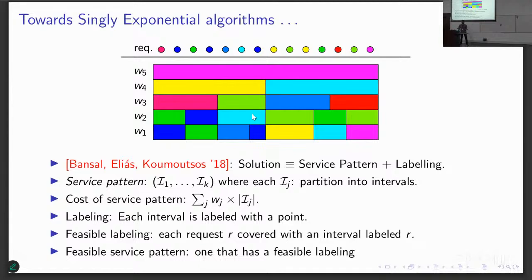First request red. I think it's not red, it's pink. W3, yeah. Not sure if I understand the picture correctly, but what do these boxes represent at W1, W2, let's say? Those intervals represent where the server is at the points during the interval, and then in the next interval it moves to a different point.